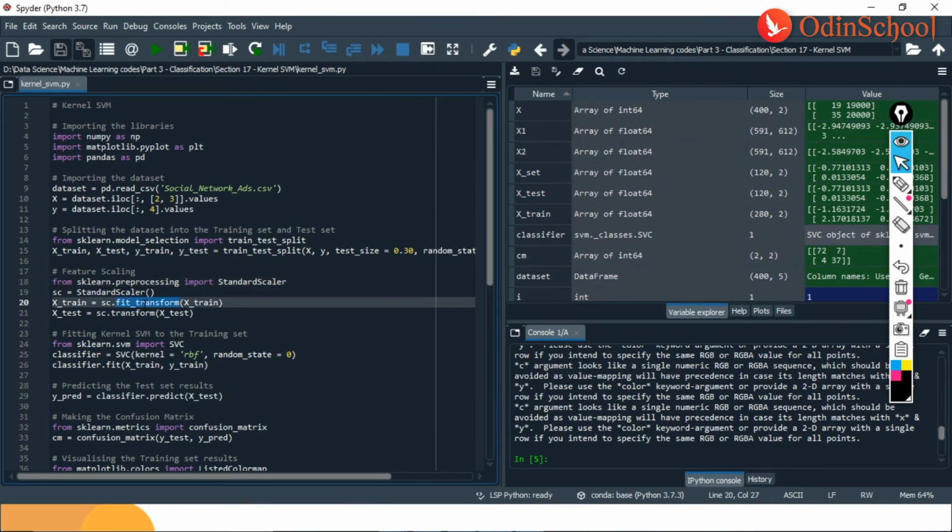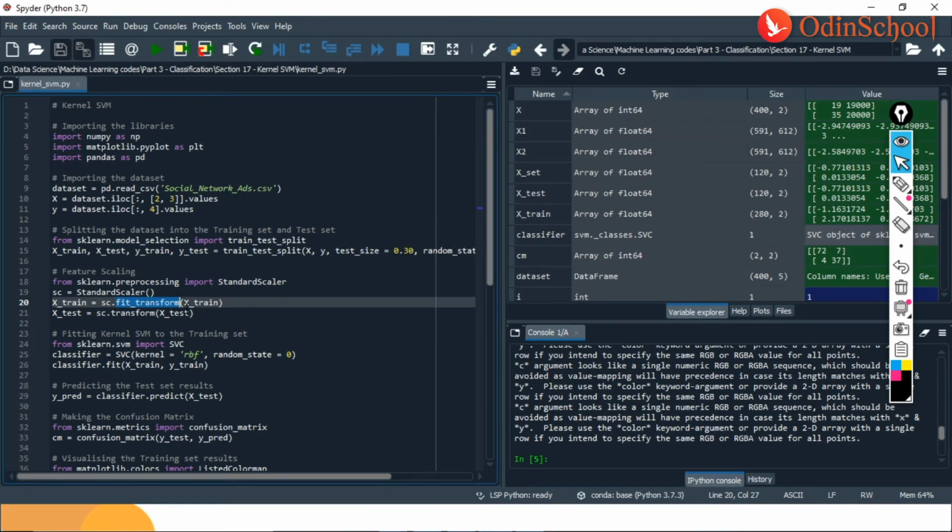After which I would be passing the standard scalar into another variable with the name sc. After which this x train values would have sc, and this would go and fit and transform to train model, while x test would be more on the lines of transforming and sticking to the x test data set, right guys?